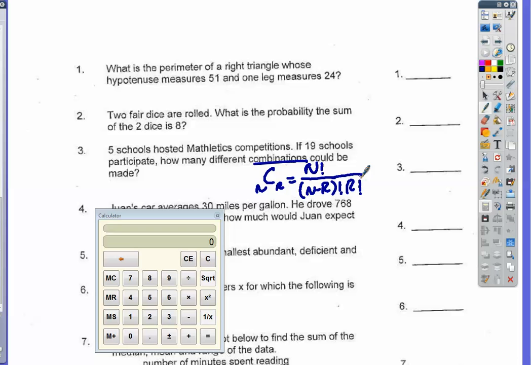right? So we have 19 factorial divided by 19 minus 5, which is 14, so it's 14 factorial, times 5 factorial.